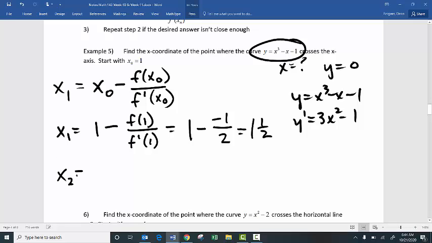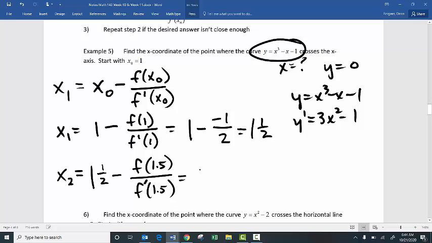So our next guess, number 2, is based on guess number 1 now. So now we use this guess, 1.5 minus, and I'll just plug in 1.5 into the original and plug in 1.5 into the derivative.